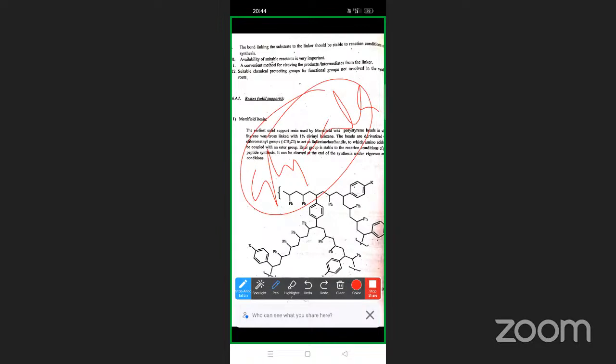So to get this particular glycine and alanine, you take this particular glycine. So this is the glycine here, CH2 NH2 COOH, right? So this is a glycine. Then alanine here.